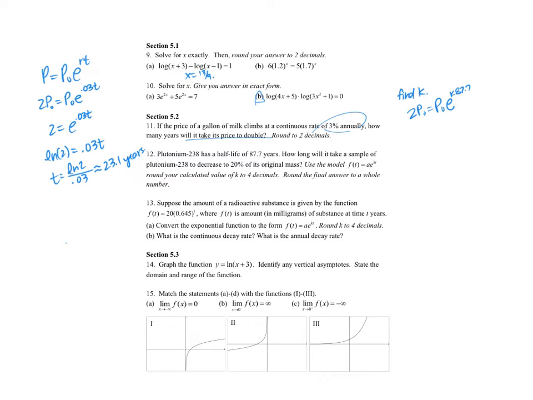So we can use that to find the k. I know that after the half-life I have half of P naught, so sorry, not 2P naught. Shoot, okay. So this is 0.5 P naught. We're doing half of the P naught. Yeah, okay, good. So that works.